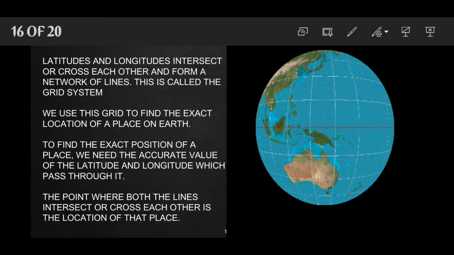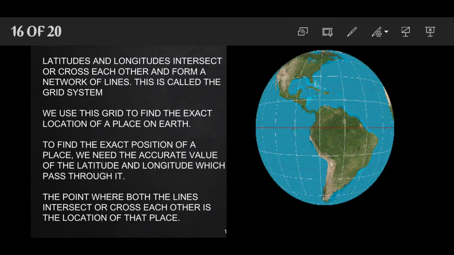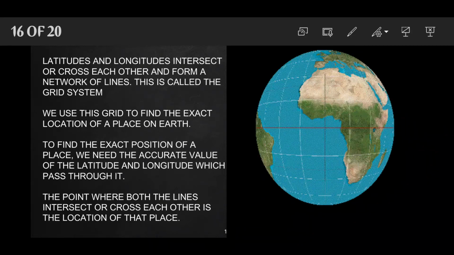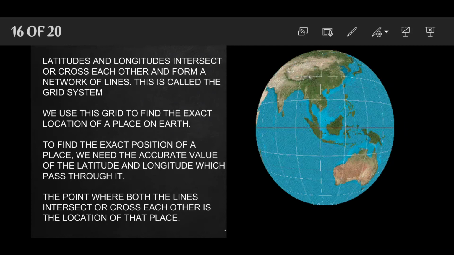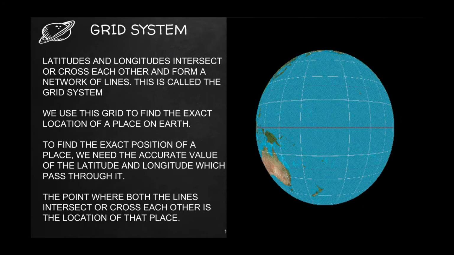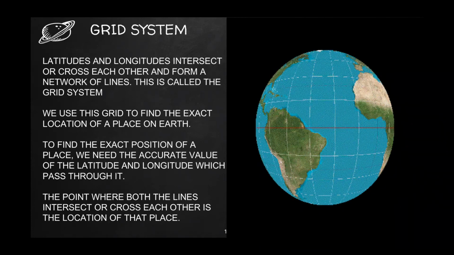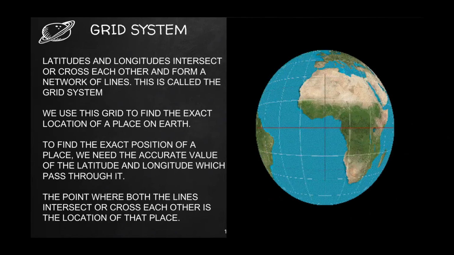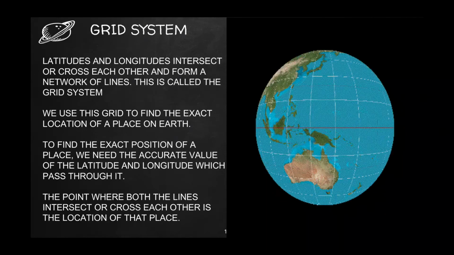Let's discuss the grid system. Yes, in the picture you can see some vertical and horizontal lines intercrossing each other, right? So, latitudes and longitudes intersect or cross each other and form a network of lines. This is called the grid system.